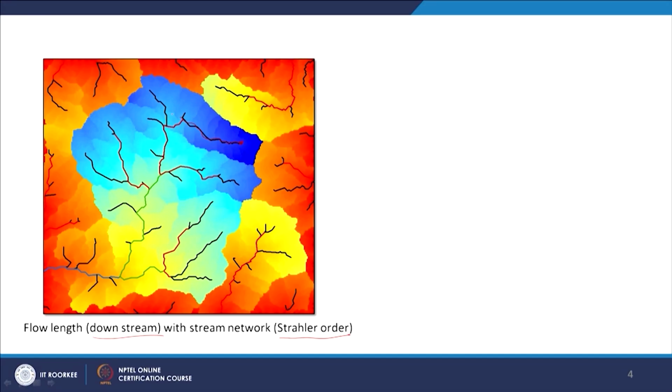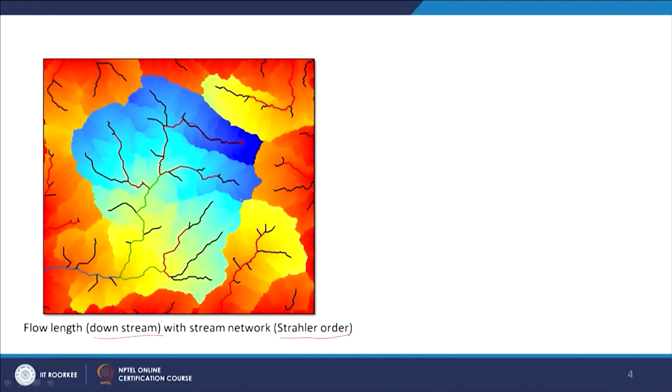So for each cell the changes are occurring. It is not only along the drainage that the flow length is calculated, because it is a raster, it is calculated for each cell. You can also realize that these are the boundaries being formed here. Ultimately they may become our watershed boundary, but that is a different thing.